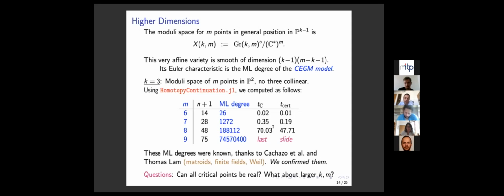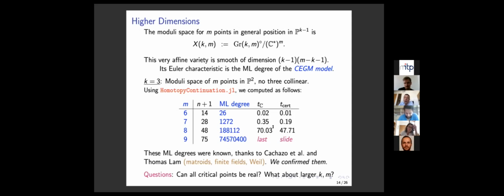Now, these blue numbers are very, very interesting. These ML degrees were known thanks to Freddie and collaborators. And in particular, in my view, the hero here is Thomas Lam. Thomas used matroid theory and finite field computations, the connections coming from the Weil conjectures, to predict these numbers.